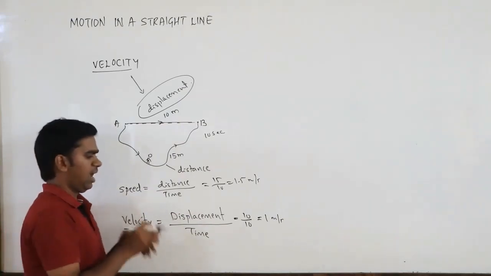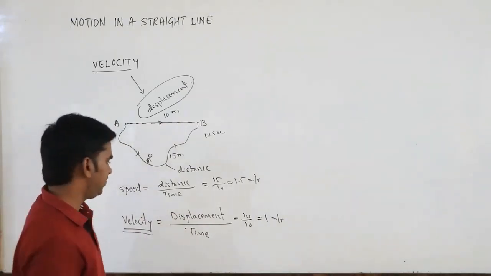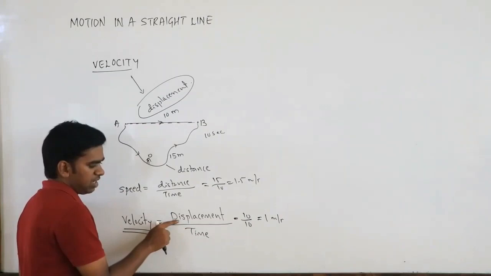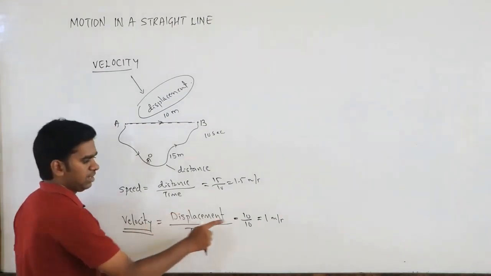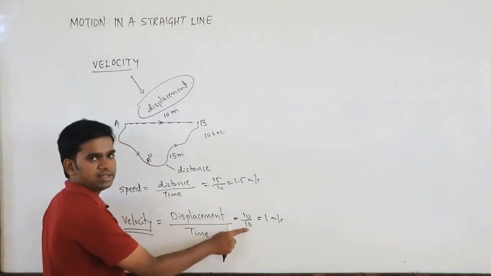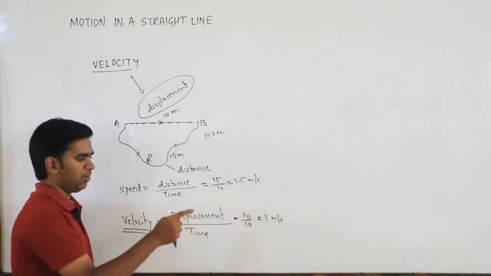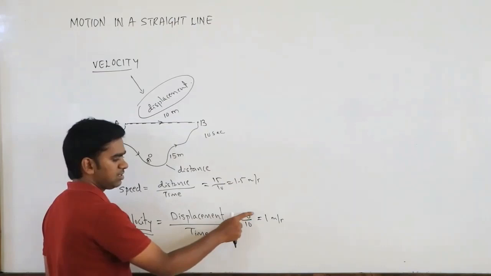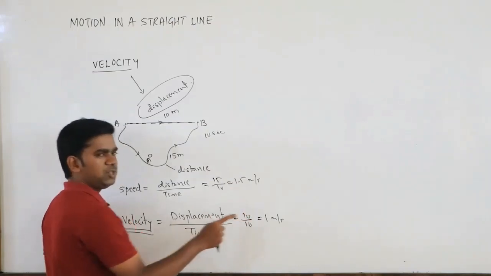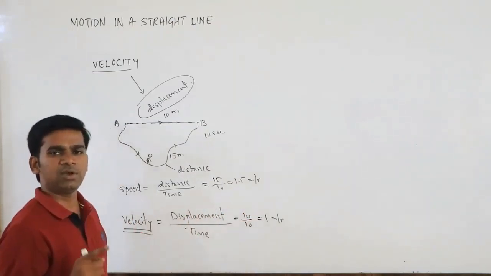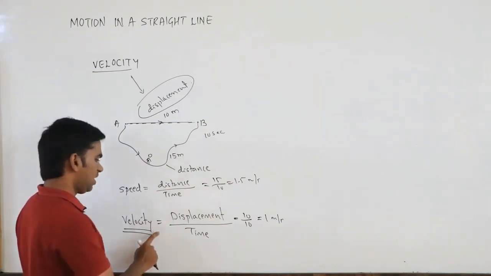Then how can we define velocity? Displacement covered in unit time. 10 meters covered in 10 seconds, so in 1 second how much is covered? Sorry, 1 meter. That means distance or displacement covered in unit time, or 1 second, is called velocity.